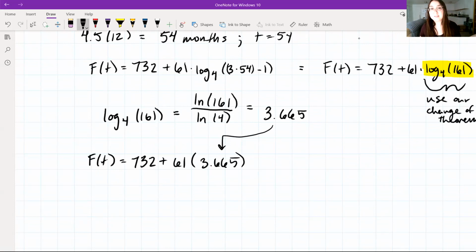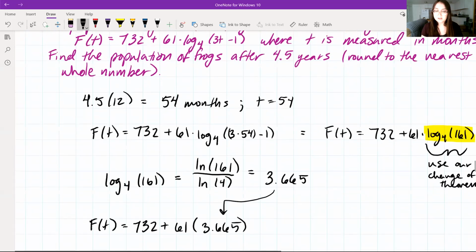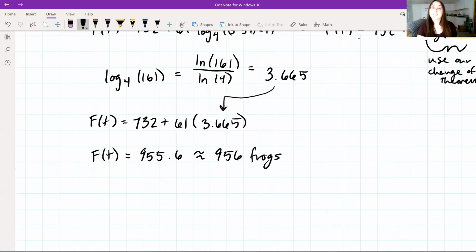Now all we have to do is calculate it. If you calculate this on your own and round to the nearest whole number, you should end up getting 955.6, which is about 956 frogs.